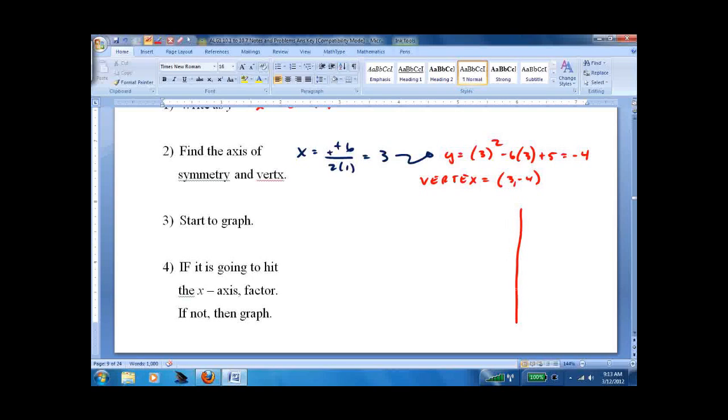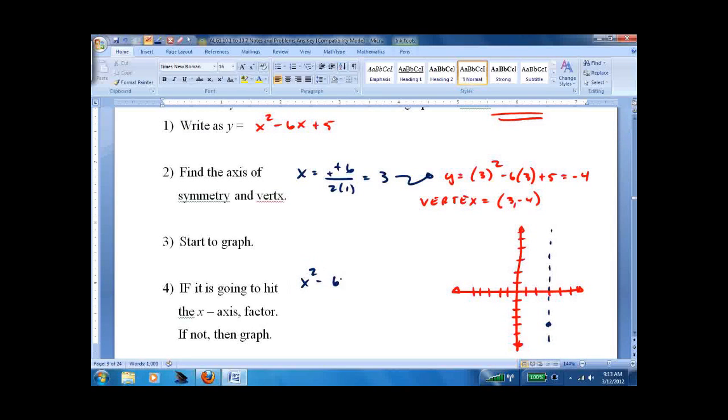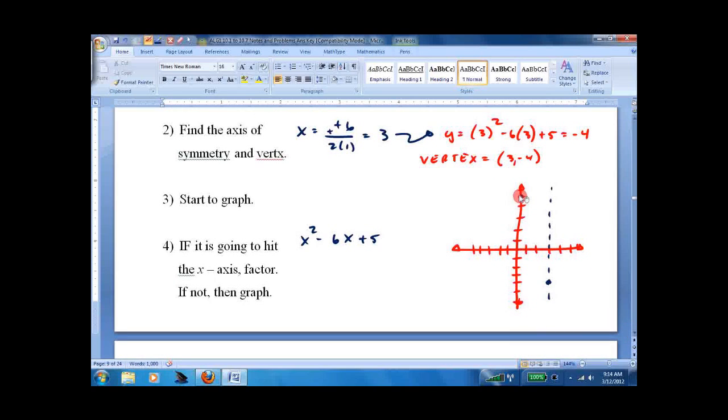I'm going to put it out here so I can use all the space. Axis of symmetry, 3. Vertex, negative 4. My equation is x squared minus 6x plus 5. Just going to hit 5 all the way up here.